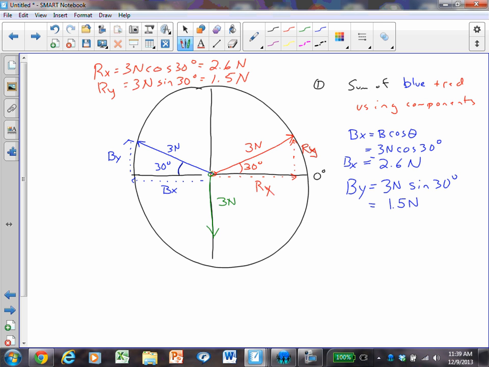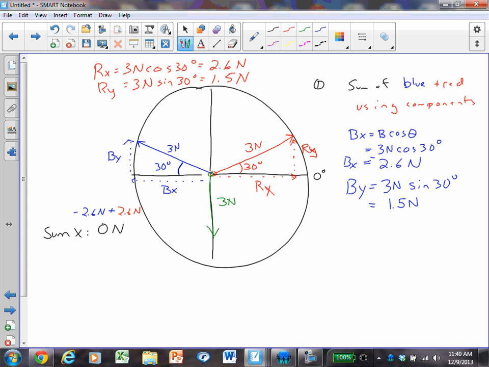So we could see with that if we sum them, so if we wanted to find the sum of blue and red, the sum of the x's gives us 0 newtons, right? Why is that? Because minus 2.6 newtons plus 2.6 newtons gives us 0 newtons.